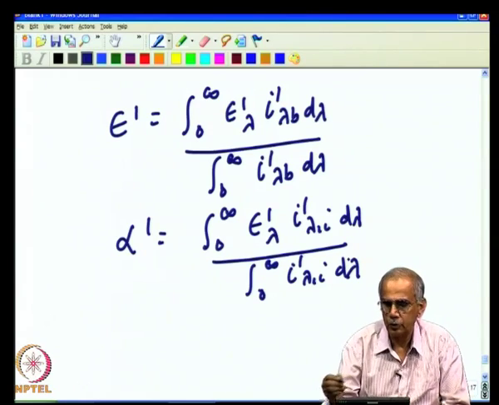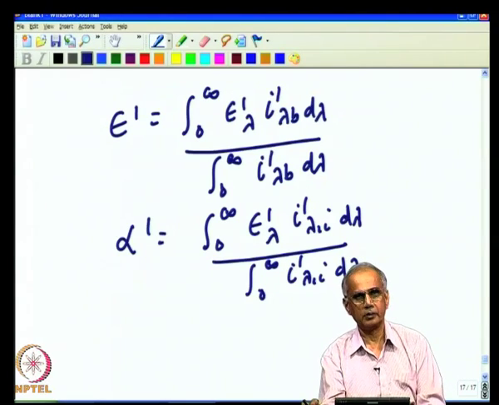So, now these two look somewhat similar, but not the same, because in the case of emissivity you are weighting it with the blackbody intensity at the temperature of the surface, while in the case of absorptivity you are weighting it with the incoming radiation intensity and its distribution with wavelength.